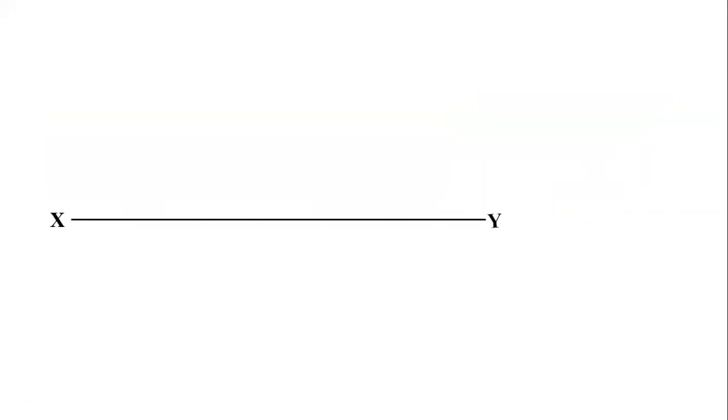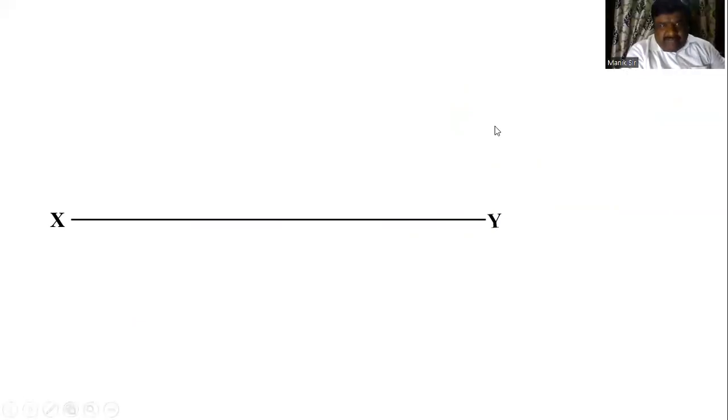Now let us explain the phenomenon of refraction on the basis of wave theory of light. This is a surface XY which is separating the two media. The light is coming from the rarer medium and entering the denser medium.